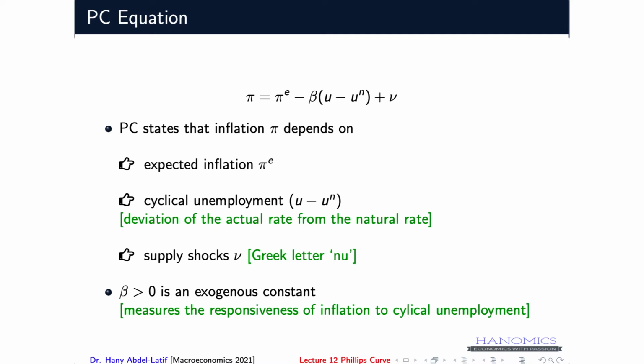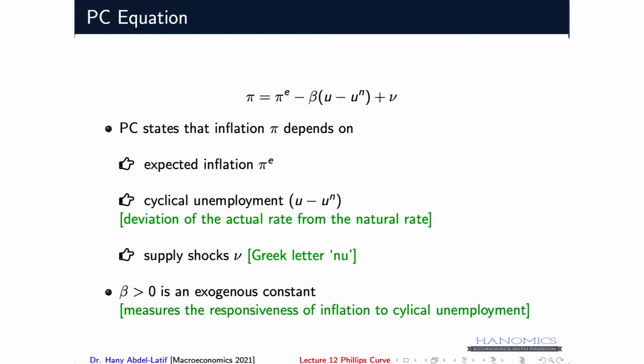The gap could be positive or negative, or it could be 0 if the actual unemployment rate equals the natural rate. We also just said that we should consider supply shocks. That's why you see this Greek letter nu here, which refers to supply shocks, such as oil price shocks as we explained before, and b here is just a parameter or an exogenous constant.